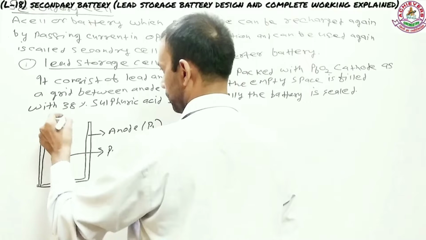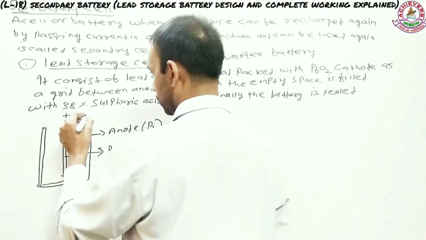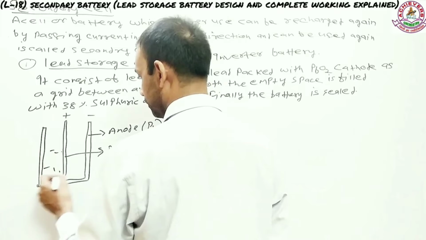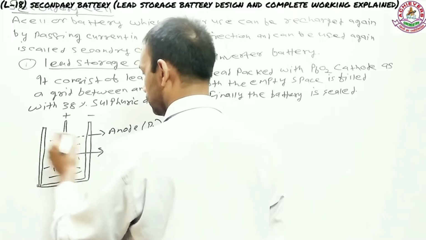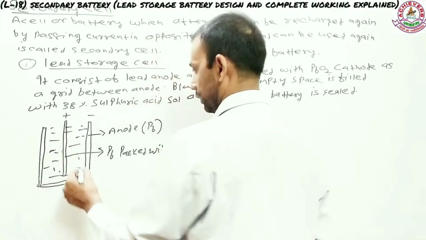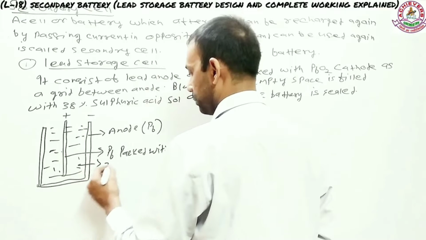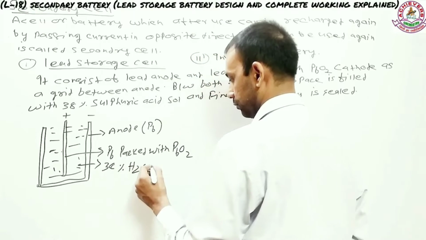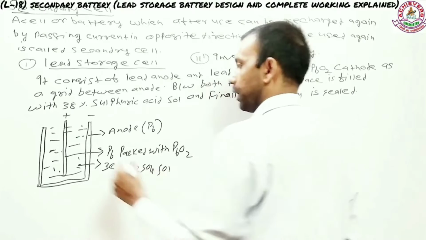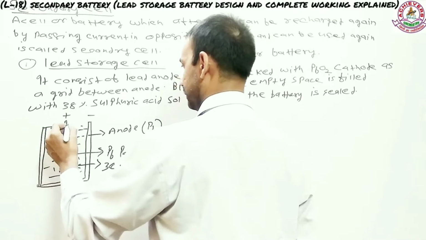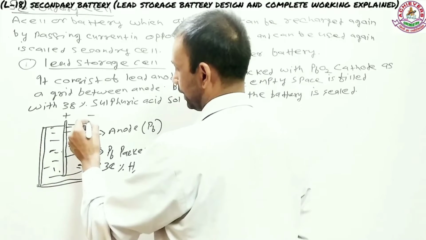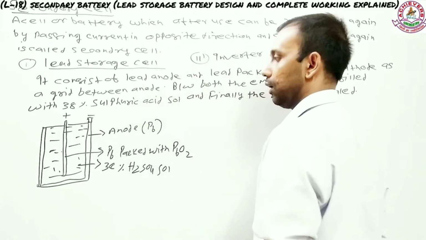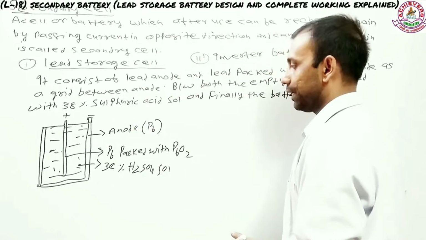So this is your cathode and this is your anode. After that, a solution is filled here, which is 38% H2SO4 solution, and then it is shielded here. There it is the negative terminal, and there it is the positive terminal. So this is how a lead storage cell is made.